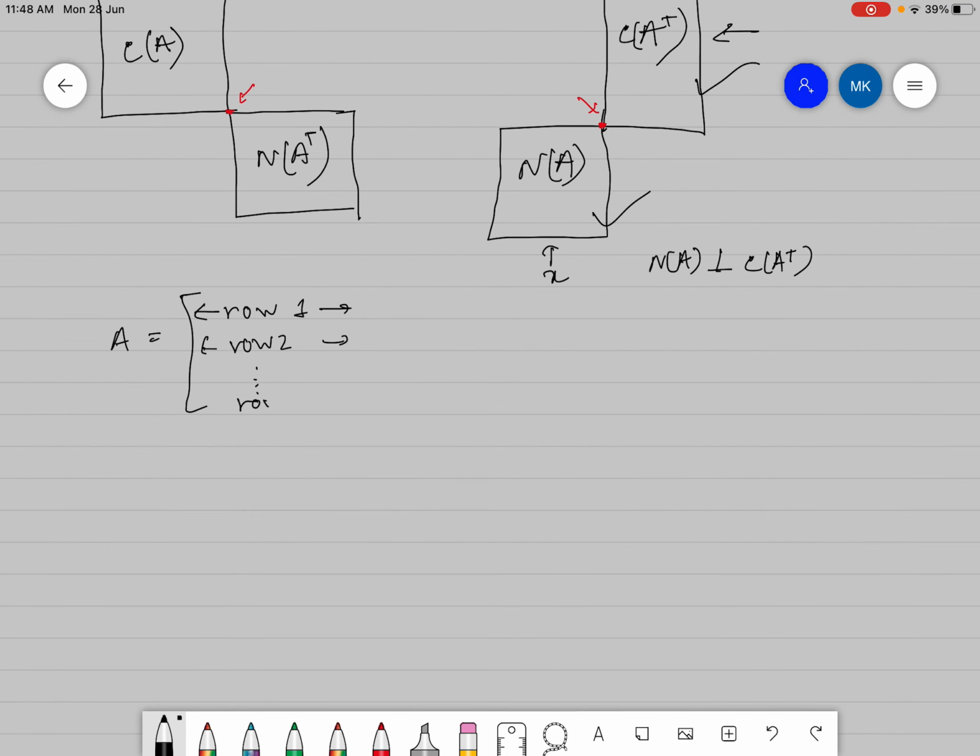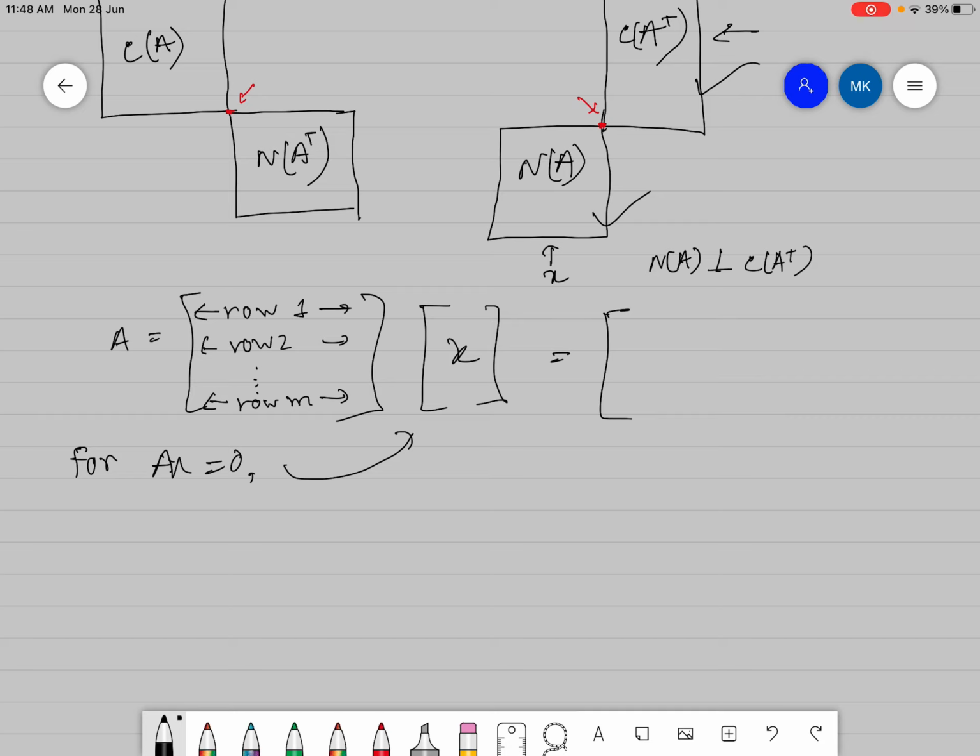This is A, and for Ax equals 0, you put x here and you want to get zeros here, m zeros. How do you get the 0 here?